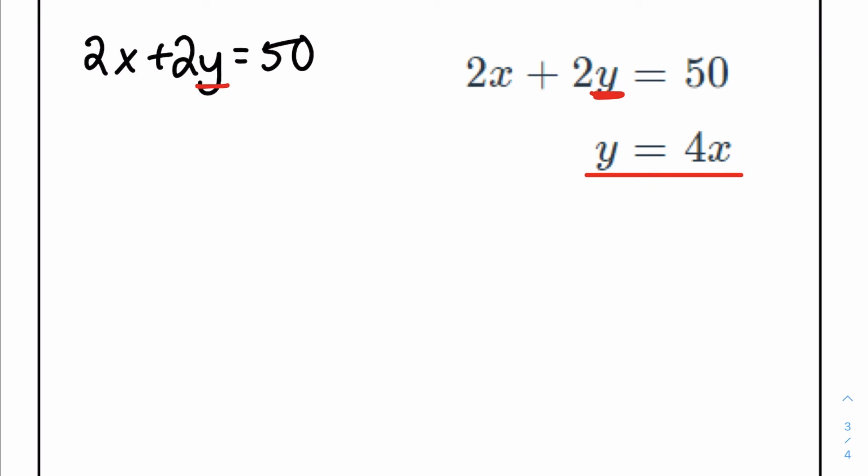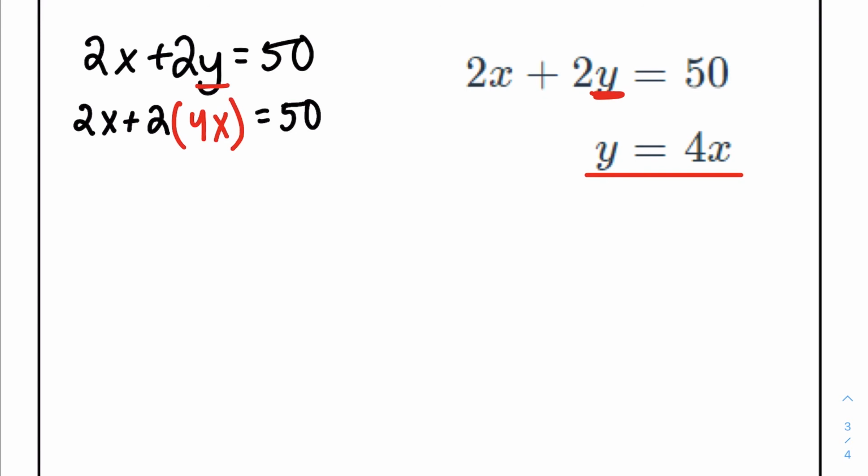Okay, so we have 2x plus 2y, but y is equal to 4x. Okay, and now if we look, we only have the x variable. So we have one equation and one variable, we can solve this.